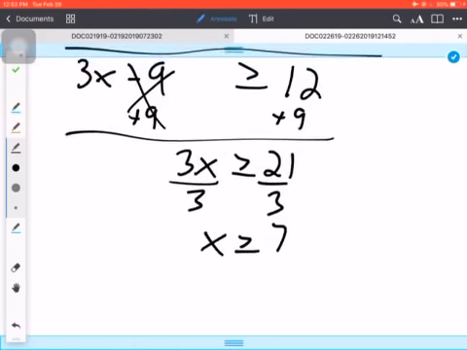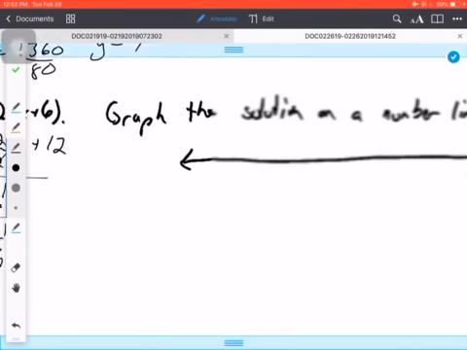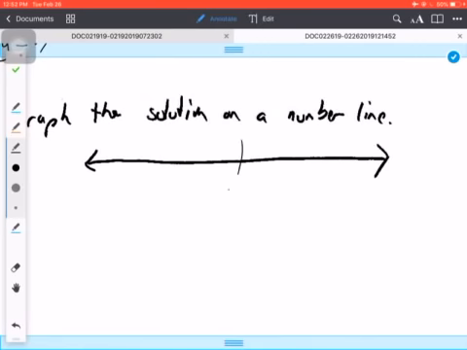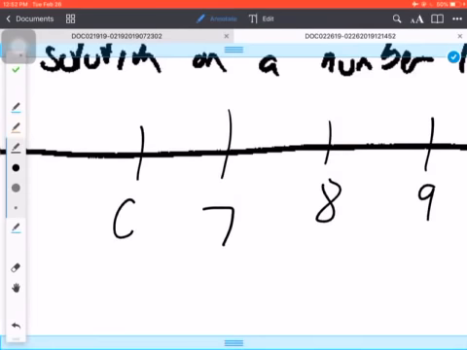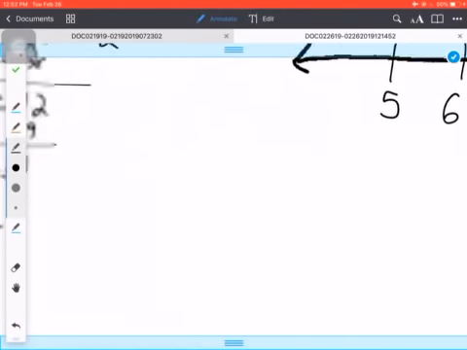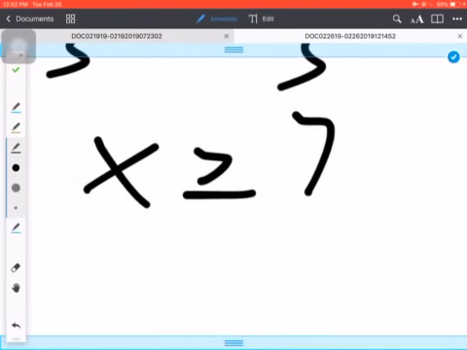Now, when I go ahead and graph this solution, I want to put 7 right in the middle because 7 was part of the solution, or 7 was the cutoff point. We're going to go 8 and 9, and the other direction we'll have 6 and 5. Now, when we graph inequalities, if you recall, this has a line underneath.